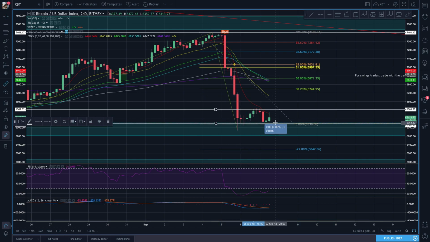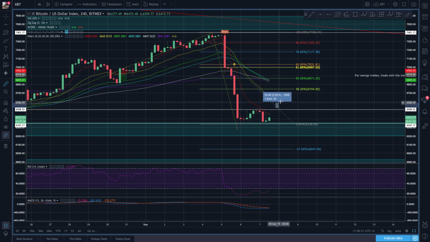So maybe if you want to, scalp between this level and this level, that's a possibility. You could just do that until there's some sort of breakout. If you long down here, then you should short right here, but if you just keep on going and it breaks out, then maybe you could ride it up to this level as well for another couple percentage gains. But until it either breaks out of here or breaks down from here, that's what we're really waiting for.